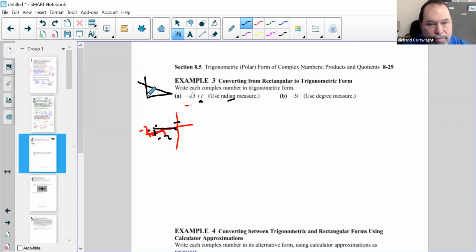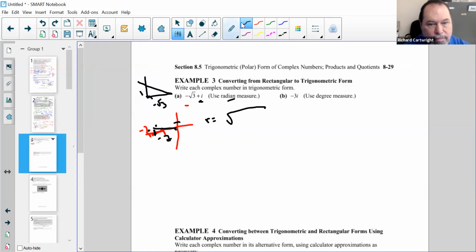So there's that triangle. There's the negative square root of 3. There is the 1. So you went left square root of 3 and you went up 1. So r should be, let's see if we can get this worked out, the square root of x squared plus y squared.